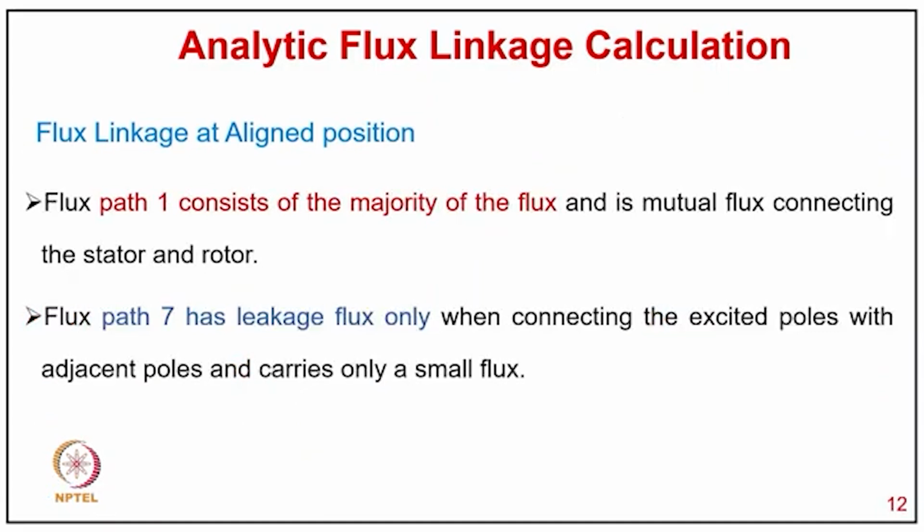So, flux path 1 consists of the majority of the flux and is the mutual flux connecting the stator and rotor. Flux path 7 has leakage flux only, connecting the excited poles with the adjacent pole, and carries only a small flux.